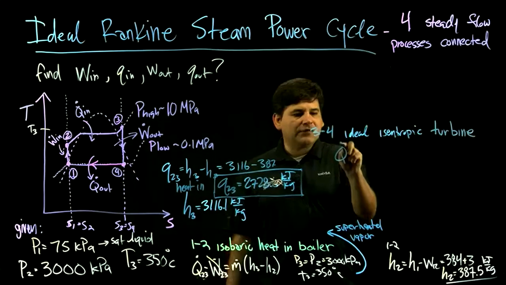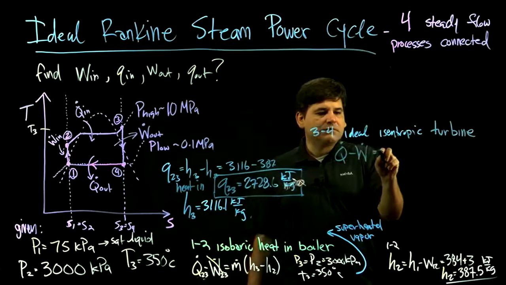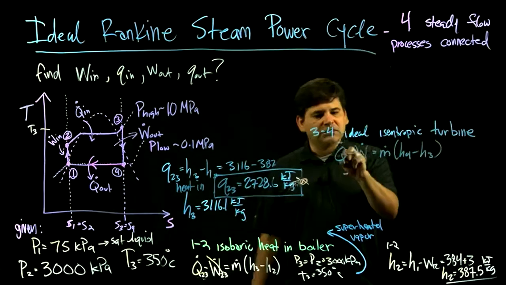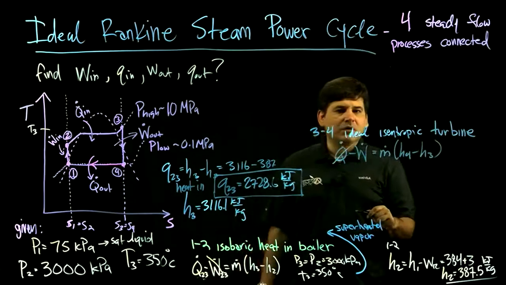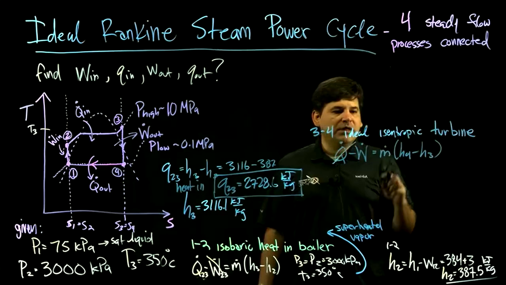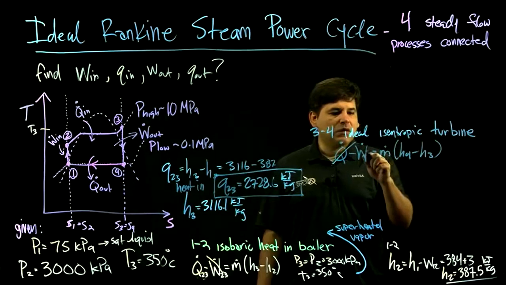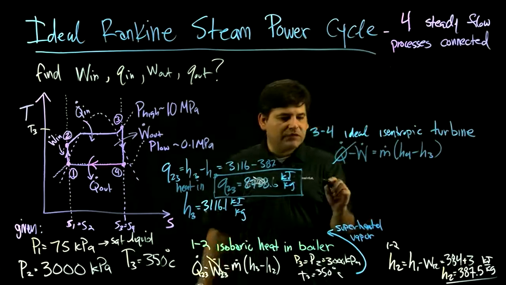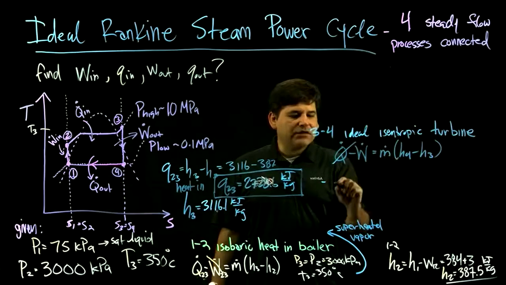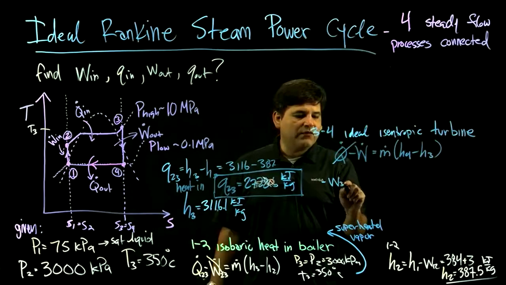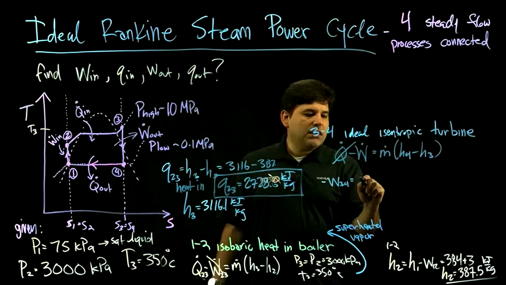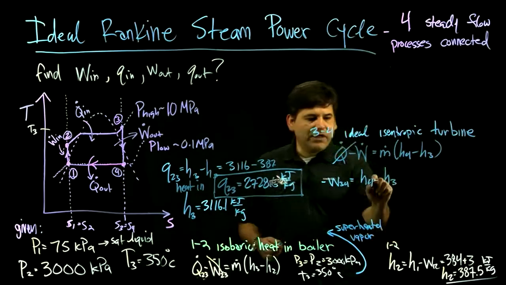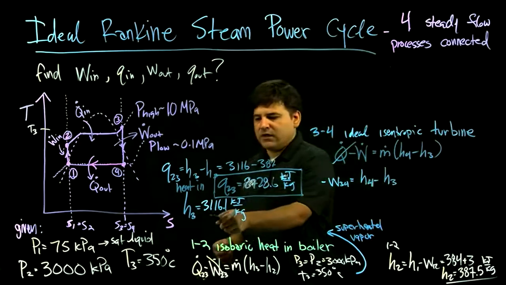Applying the first law to this, it's ideal, there's no heat loss, it's isentropic. So we need to find the mechanical work from here. That would give us, canceling out the mass, negative work from 3 to 4 equals H4 minus H3.